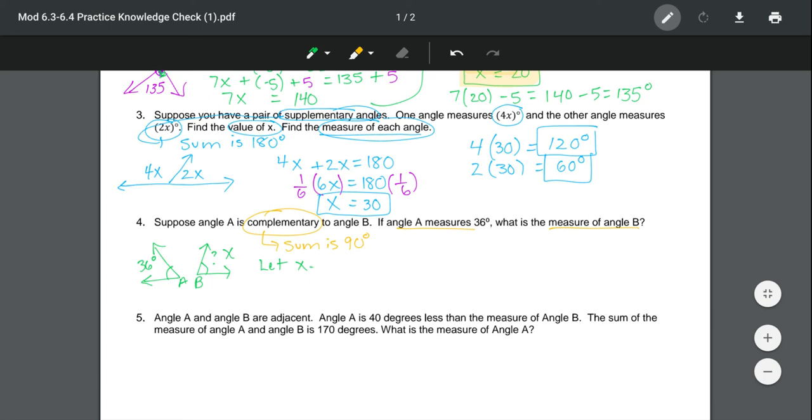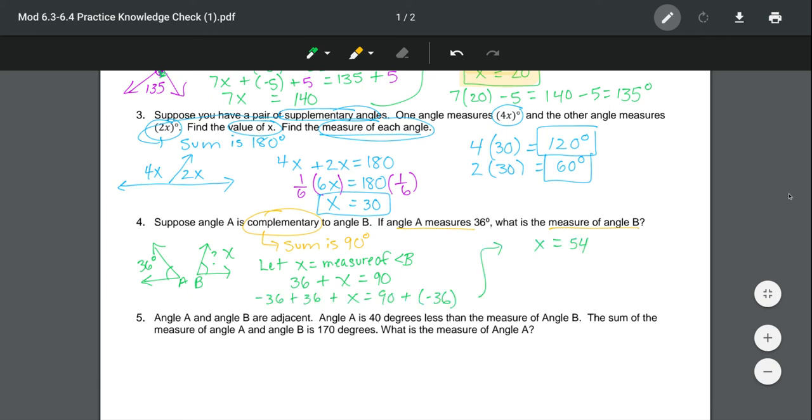So let x equal the measure of angle B. So that means angle A, which is 36, plus the measure of angle B, which is x, has to equal 90. So solve for x and then check your answer once you're done.